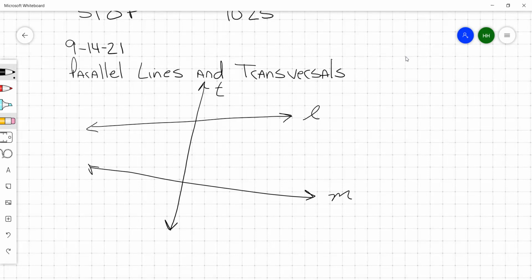And all of these angles that are created now have names. So we're going to number these angles 1, 2, 3, and 4, 5, 6, 7, and 8.